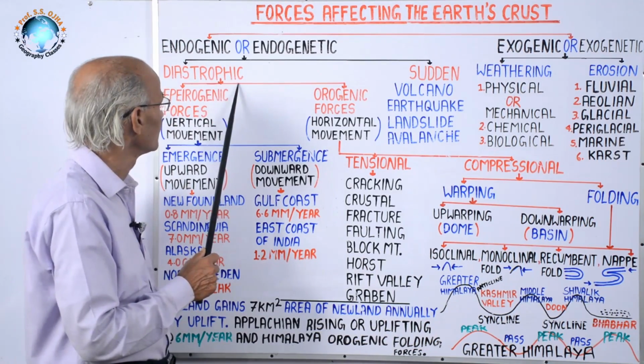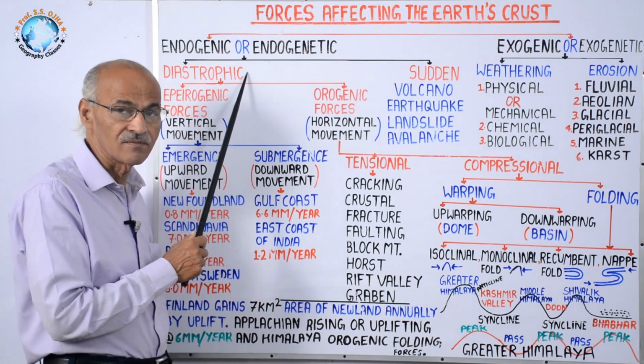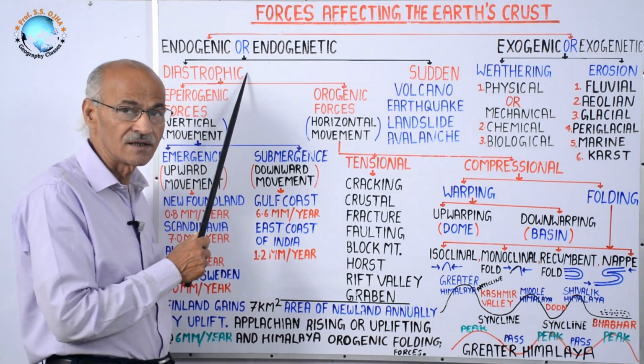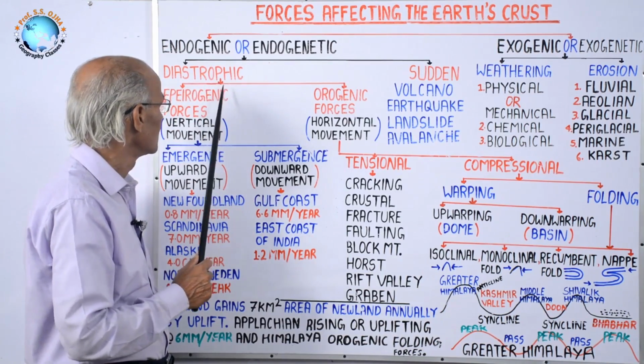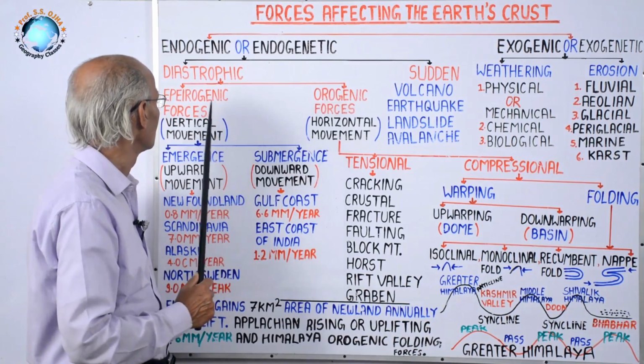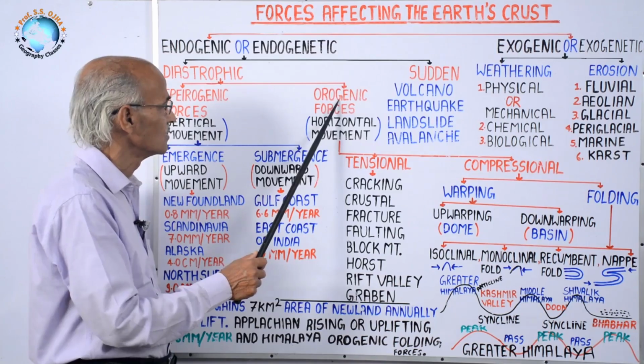Diastrophic force is also called plate tectonic force, which will be studied separately in the Tectonic chapter. In diastrophic force, there are again two types of forces. One is epeirogenic, second is orogenic.